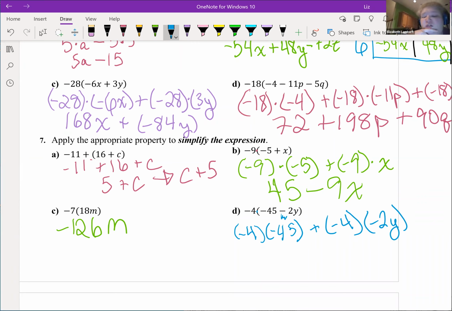So -4 times -45. Well, 2 45s is 90. So another 2 would be 180. And now it's positive. Then -4 times -2 is positive. 4 times 2 is 8. Still has the y. You could write that as 8y plus 180. 180 plus 8y is fine.